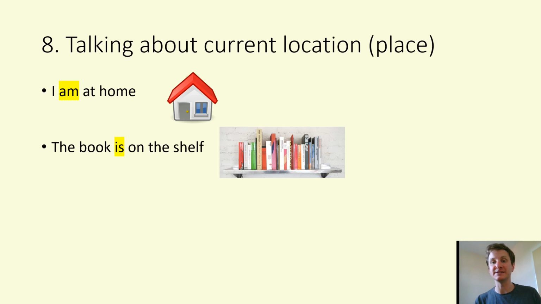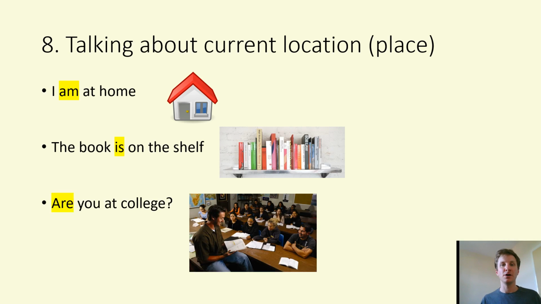That's the place where the book is now. Are you at college? This one's a question about your place, the location where you are now. Are you at college? Are you at home? Yes, I'm at college. No, I'm not at home.